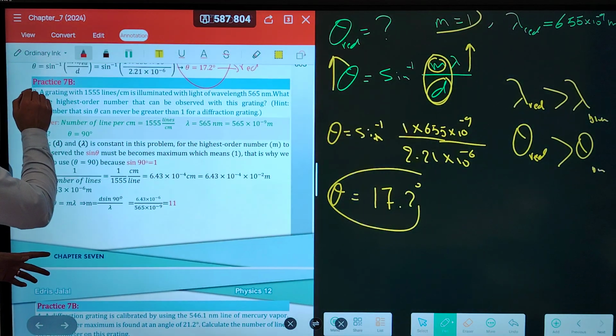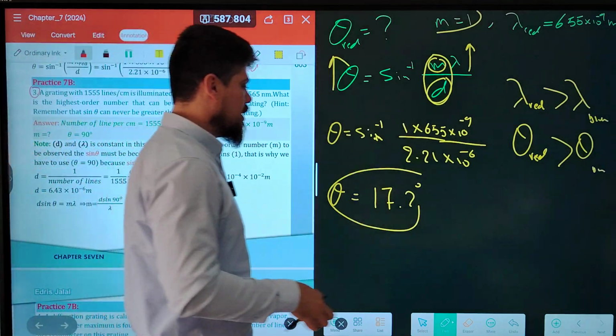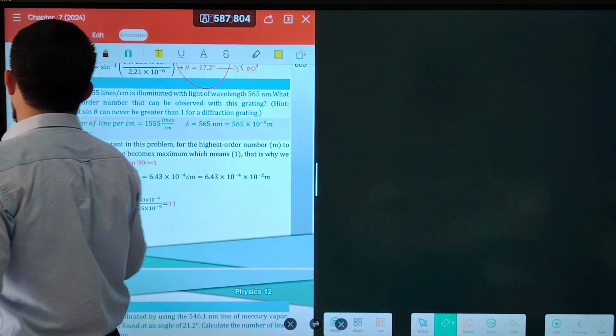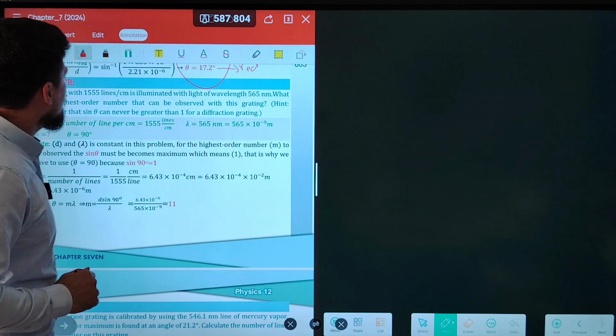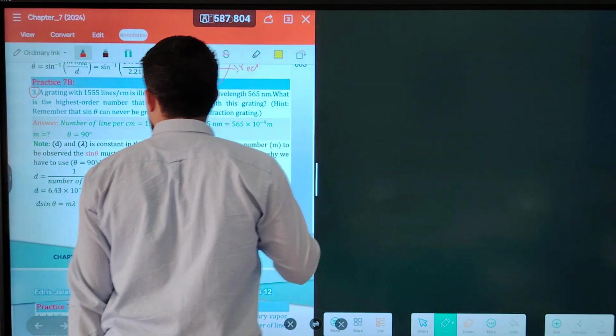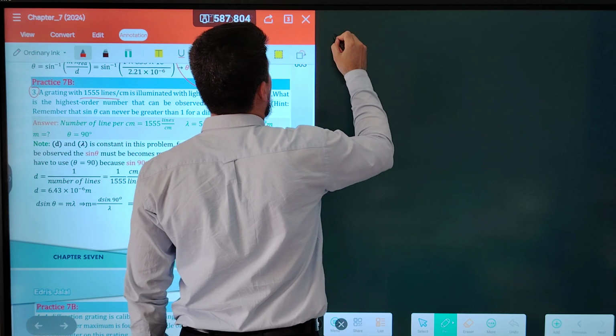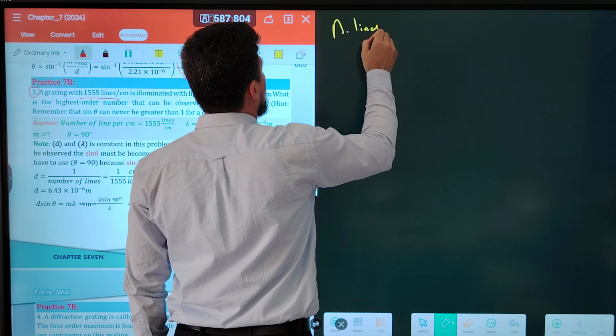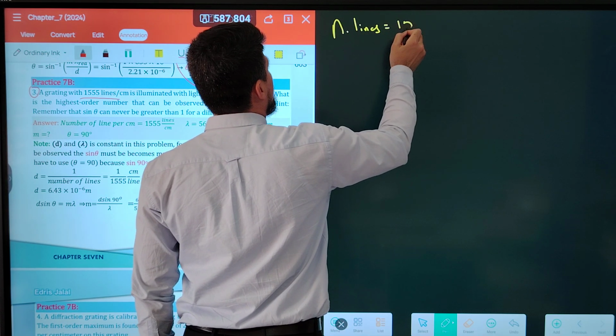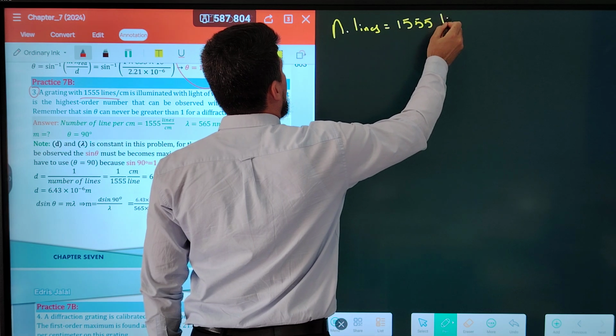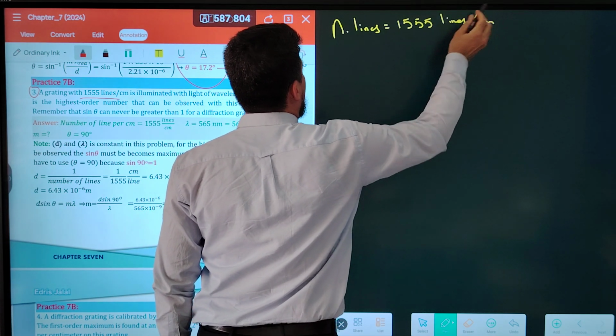Okay, question 3, practice 7b. A grating with 1555 lines per centimeter. Again, the number of lines is given in lines per centimeter.